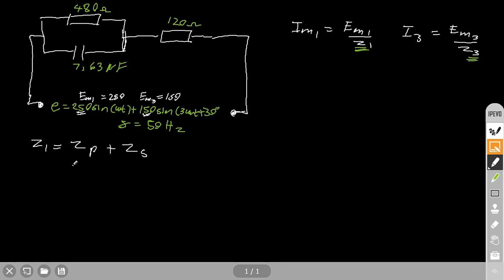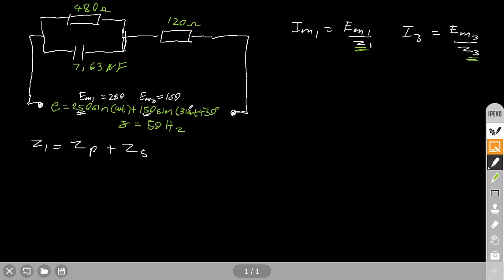That is how we are going to get Z1. But remember, guys, you have a fundamental frequency, that's why you have 1 here. And then here we have 3, which is your harmonic 3.